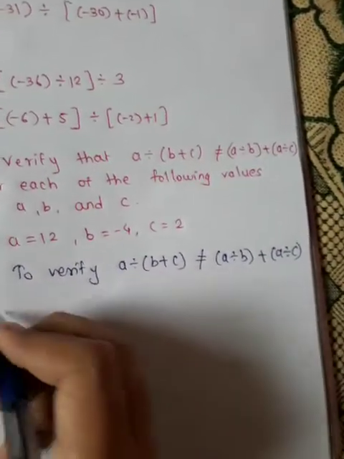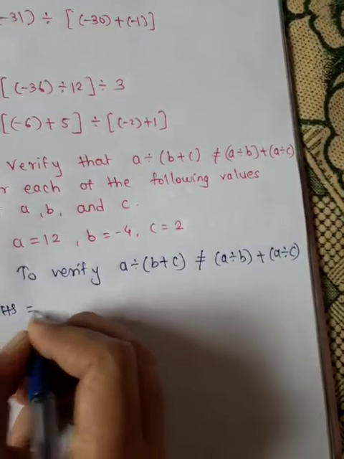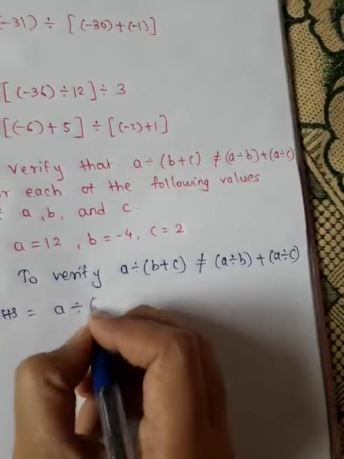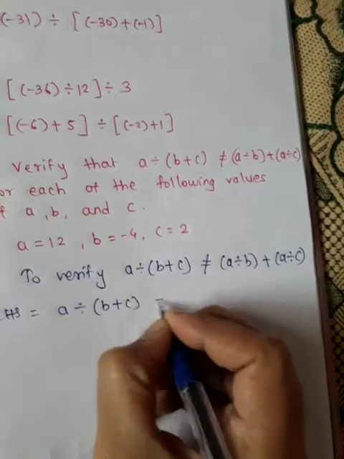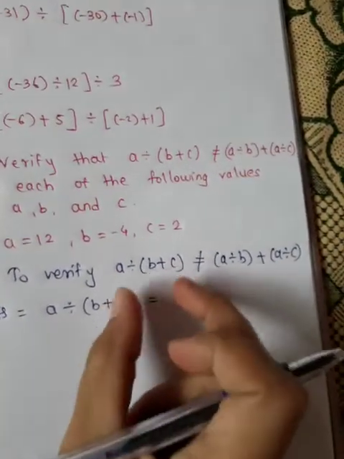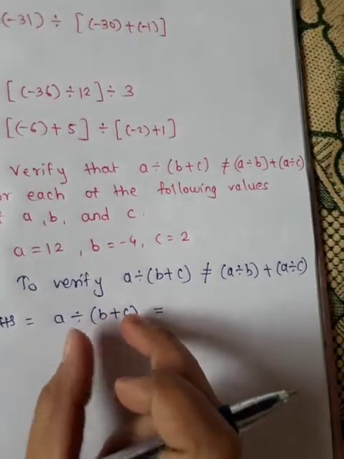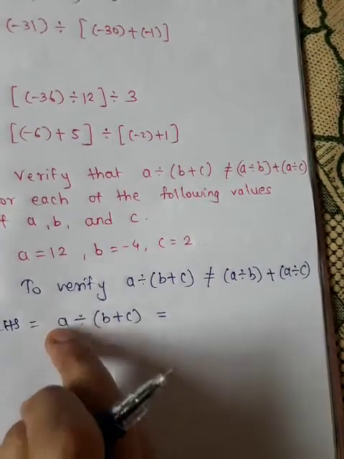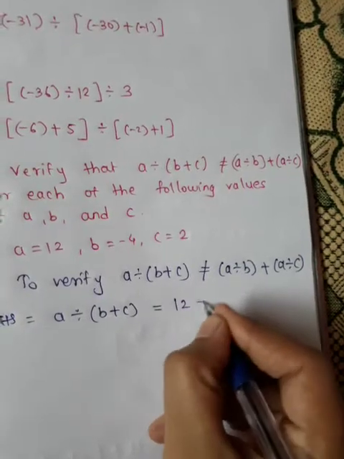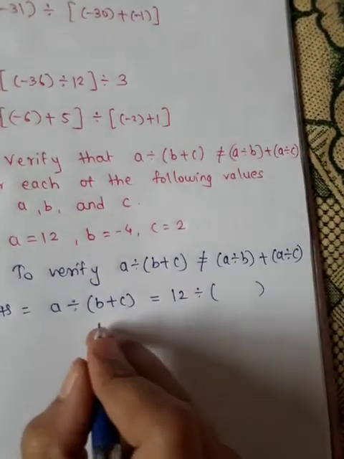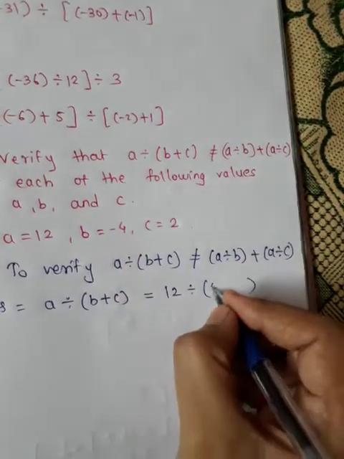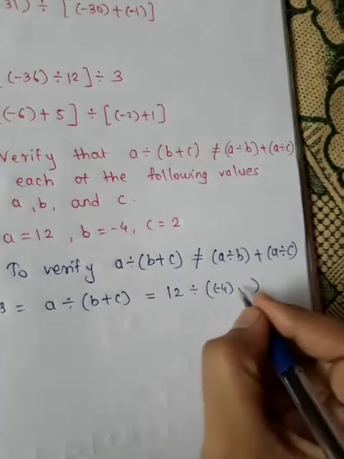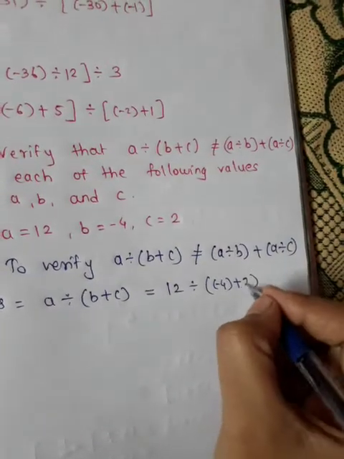So first find LHS, and LHS is equal to a divided by b plus c. First we find the value of this side. So A is equal to 12, put the values of A, B and C. B is minus 4 plus C is 2.